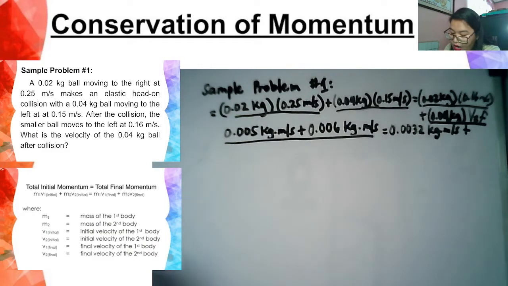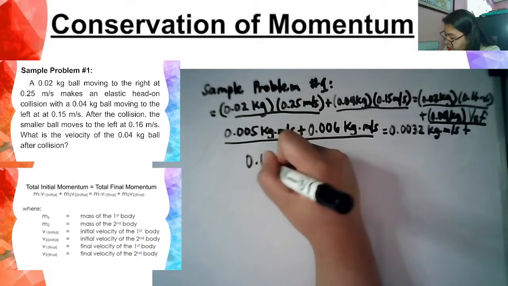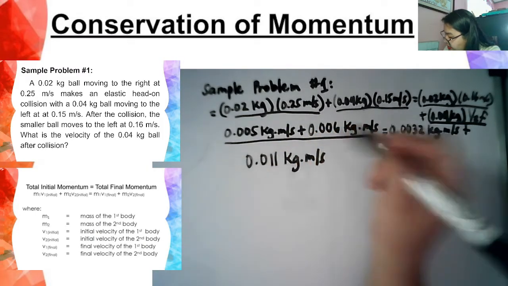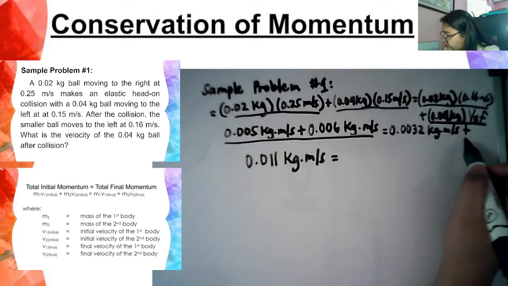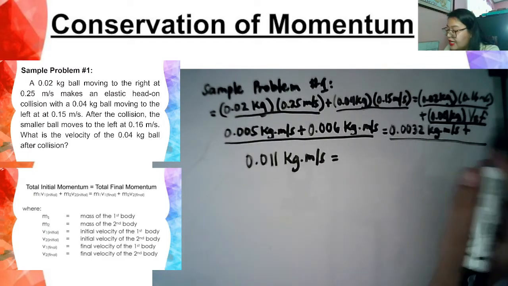So, you just need to add 0.005 plus 0.006. So, you will get 0.011 kilogram meter per second is equal to, dito sa part na to, kokopyahin lang natin yung buong side na to sa kanan.